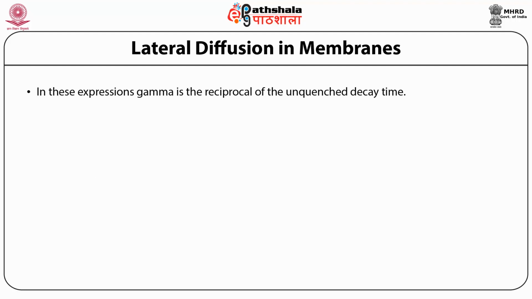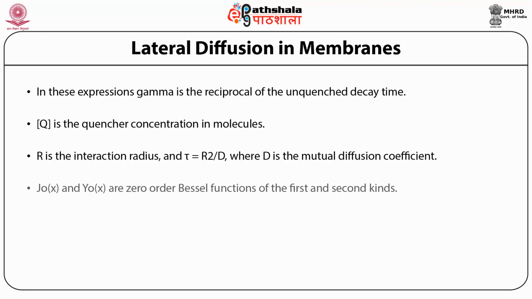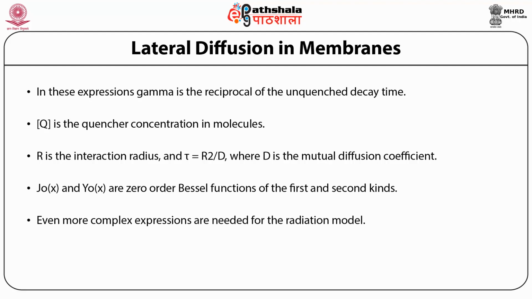In the expression, gamma is the reciprocal of the unquenched decay time, Q is the quencher concentration in molecules, R is the interaction radius, and tau is radius divided by the mutual diffusion coefficient, and J0 and Y0 are zero order Bessel functions of the first and second kinds. It requires even more complex expressions for the radiation models. Therefore, quenching models have been preferred over radiation models.